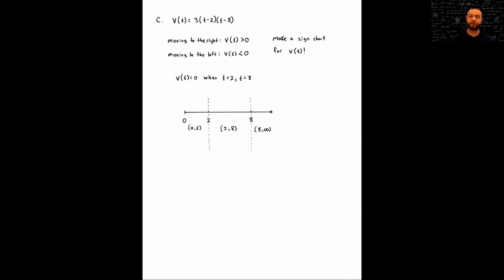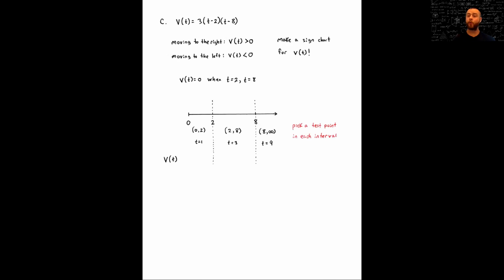So we're going to basically split our interval of time from 0 to infinity into 3 intervals, around 2 and 8. So we get 3 intervals: 0 to 2, 2 to 8, and then 8 to infinity. Now, how are we going to determine the sign for velocity on each interval? Remember, we're just trying to determine if the velocity is positive or negative.